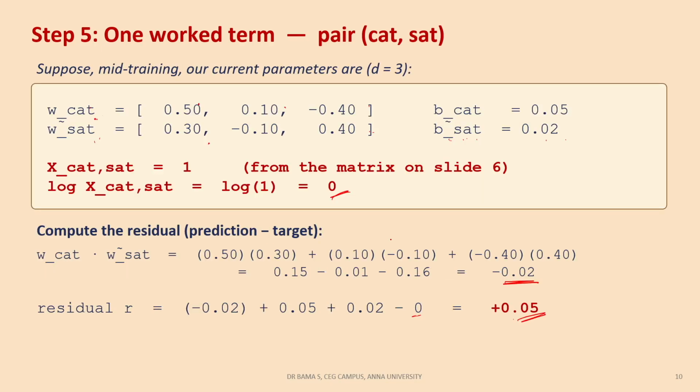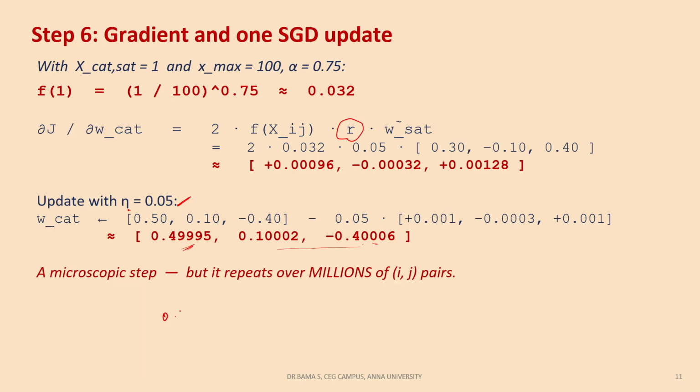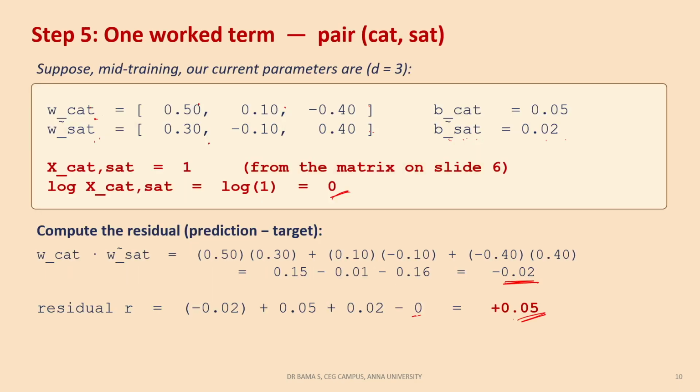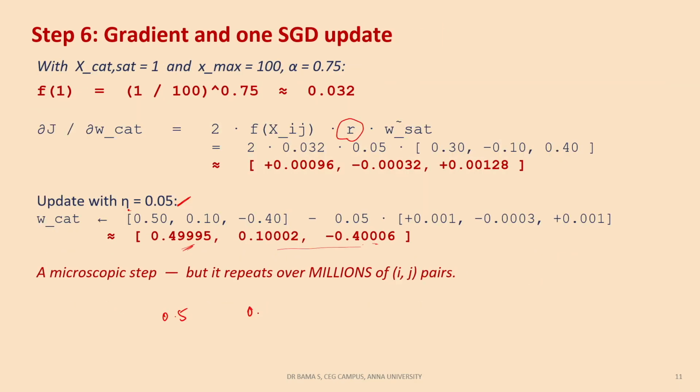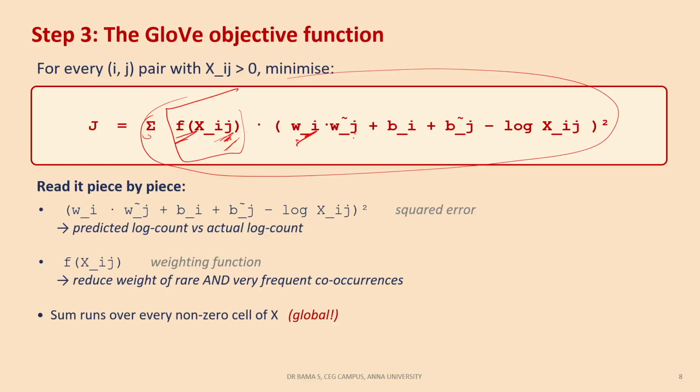Earlier we had the w cat value to be 0.5, 0.1 and minus 0.4. After one small iteration, we get this reduced to this. After a number of times, this will again improve such that our objective function is realized.